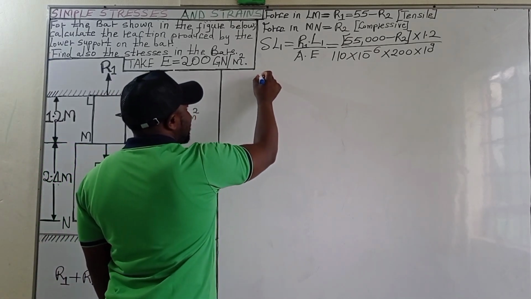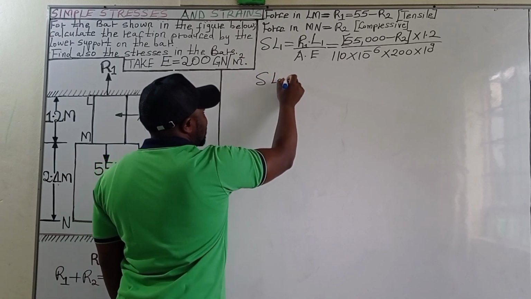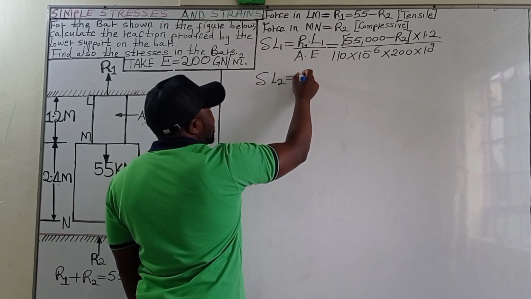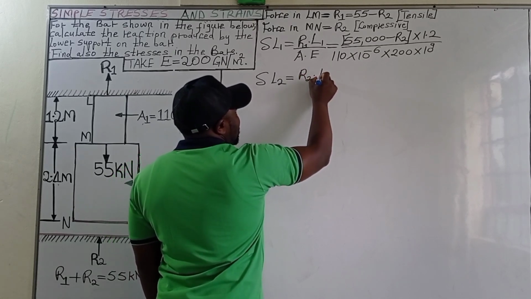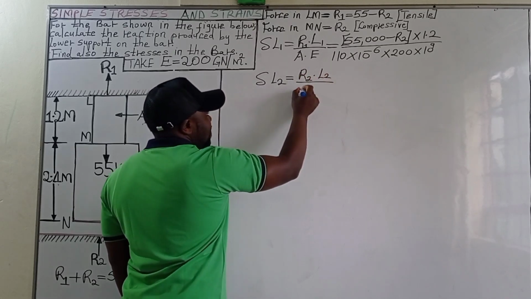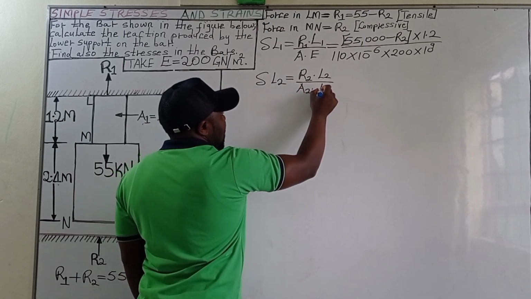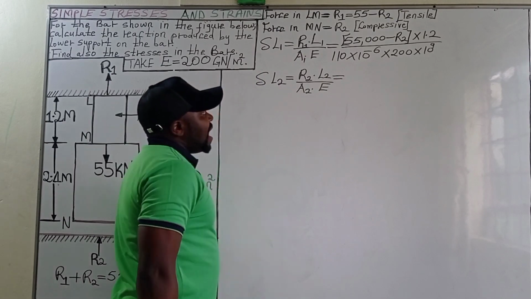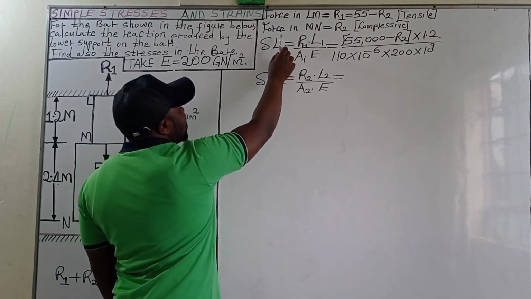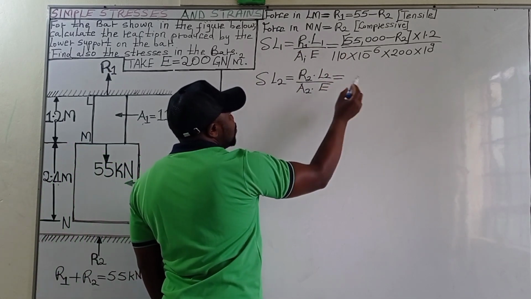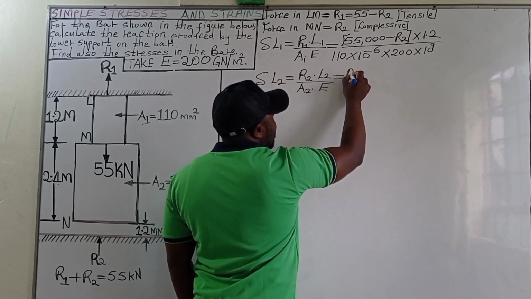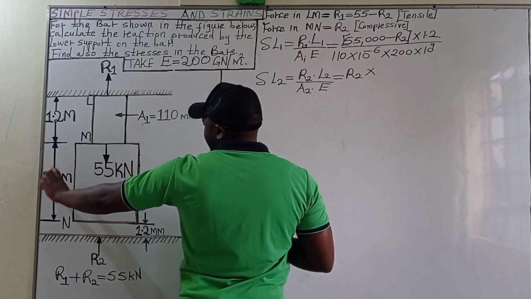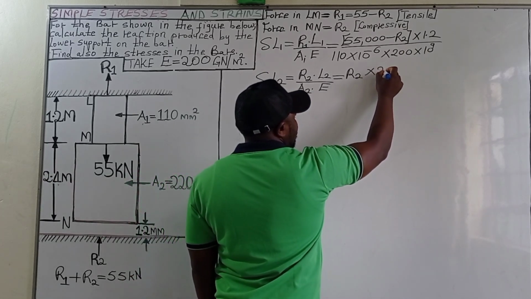On the other hand, the contraction in the lower bar, that is MN, will be given by R2 multiplied by its length divided by its cross-sectional area times the Young's modulus of elasticity. And as we had said, the total force in MN is R2, which is a compressive force. So that's going to be R2 times the length of the lower bar, 2.4 meters.